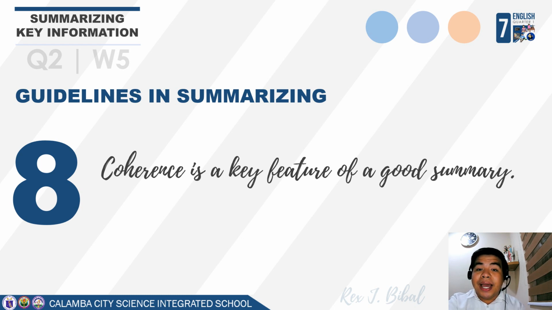What do we mean by coherence? Even when you pick out only the main ideas from a text, your summary still has to be clear and organized. It should not sound like a set of disjointed sentences when read. So, therefore, coherence means good organization, which is equivalent to good flow of reading and understanding.